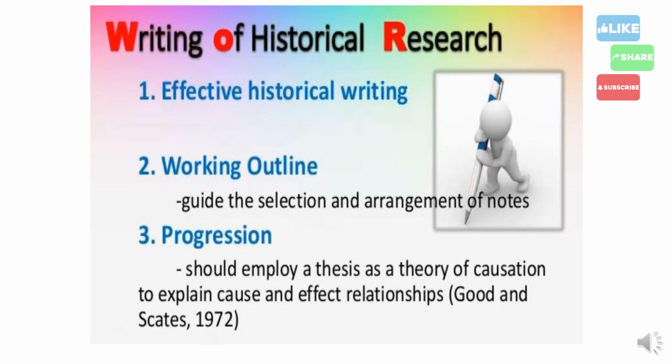Writing of historical research: the first step we need to understand is effective historical writing. The next is a working outline, which guides the selection and arrangement of the notes, the second step. The third is progression, which should imply a thesis as a theory of causation to explain cause and effect relationships.